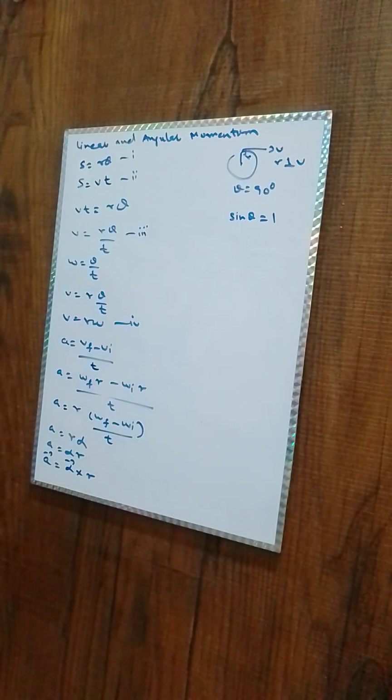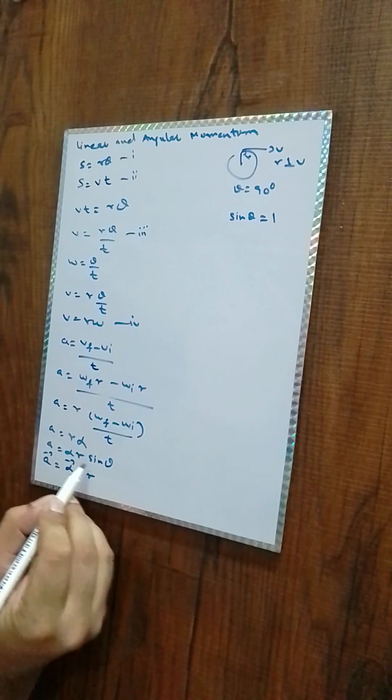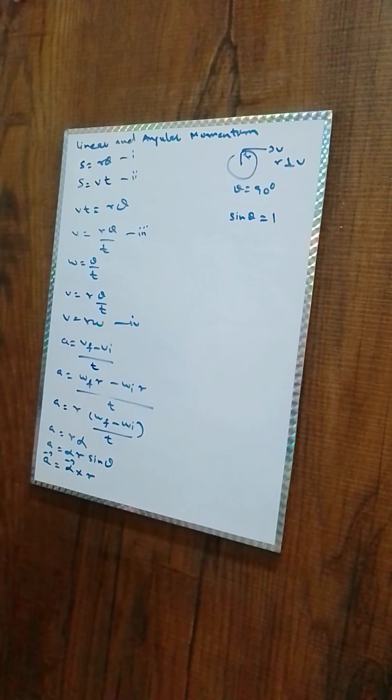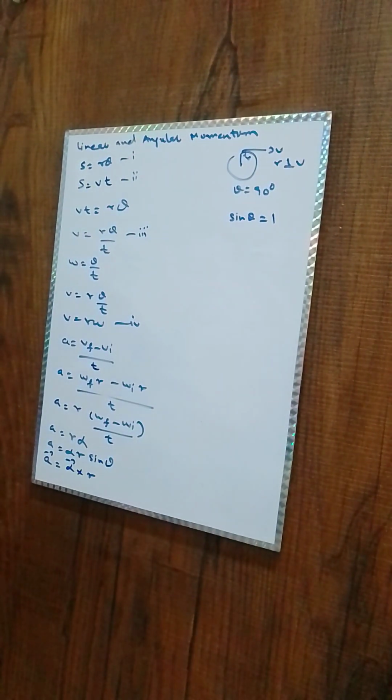And the vector product a is alpha r sine theta, and then it is alpha cross r, because theta is 90 degrees and sine theta is 1.